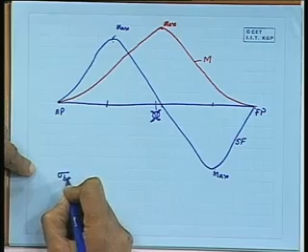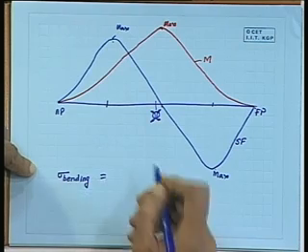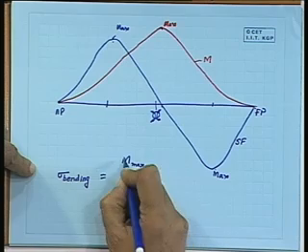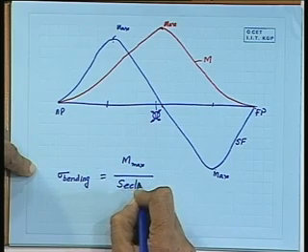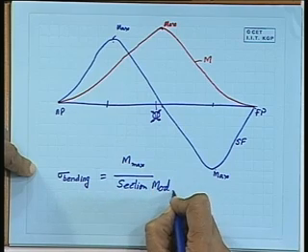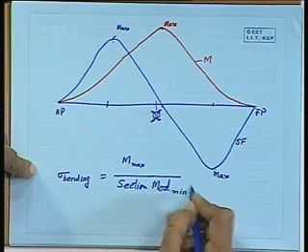Now, let me write down the expression for the bending stress. Sigma bending, sigma is the notation we use, is nothing but the maximum bending moment, M max, divided by the minimum section modulus. Now, this is a geometrical property of the structure.